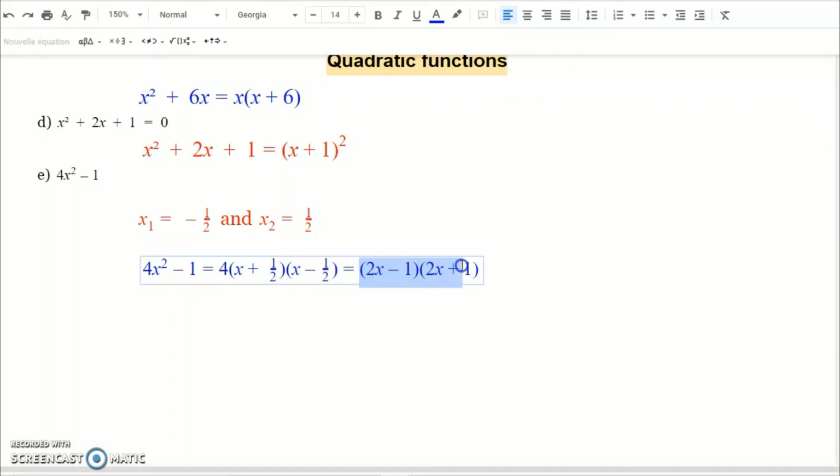Notice that this is the same as the other factorization we found before. We just have to multiply by a 2 in the first bracket and another 2 in the second bracket. And then you get this. And that's all.